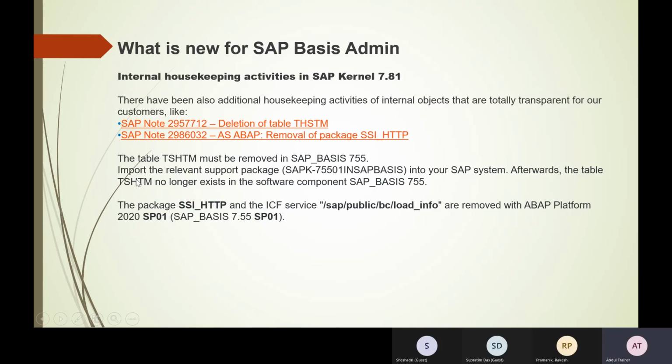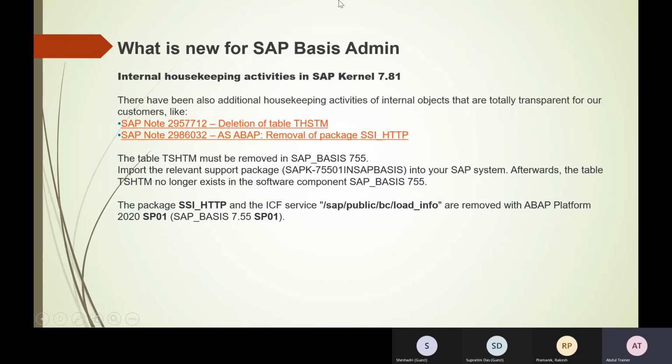So here if you see, this table is no longer used. What does this table do? Here if you go, you will see it may contain some logs and so on which we don't require. Also the package SSI_HTTP and then the ICM services, SAP public load_info, are removed with ABAP platform 2020 SP01.